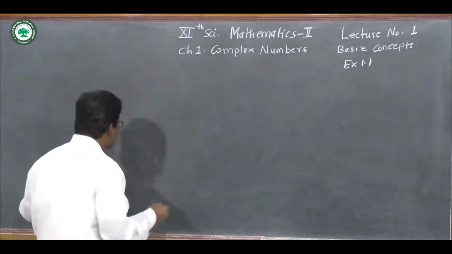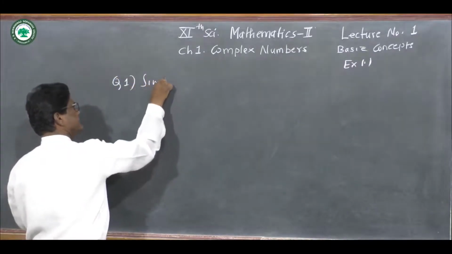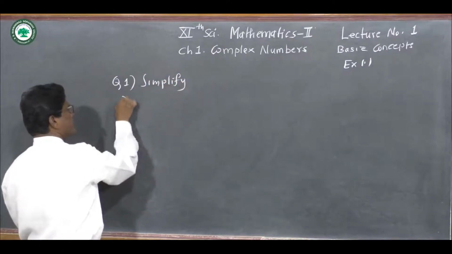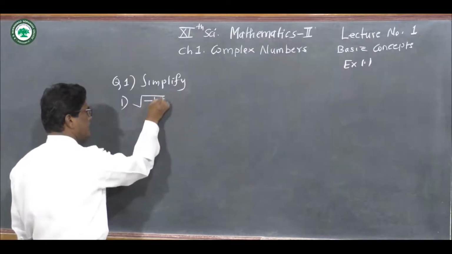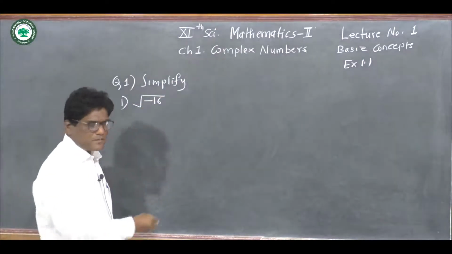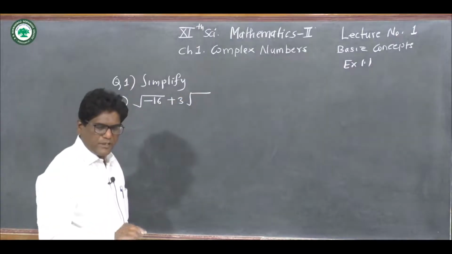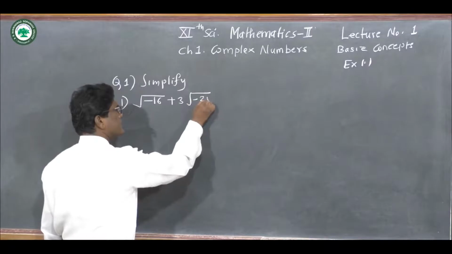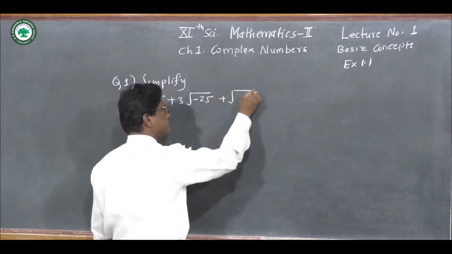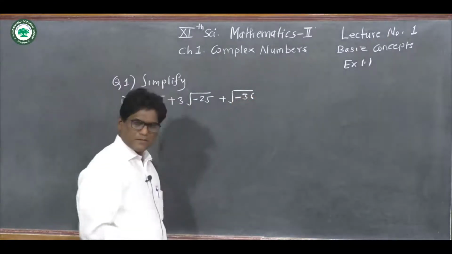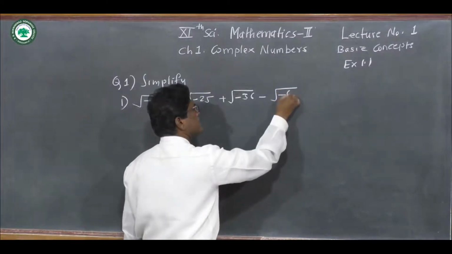Simplify. The first question is simplify. The first problem is under root of minus 16 plus 3 into root of minus 25 plus root of minus 36 minus root of minus 625.